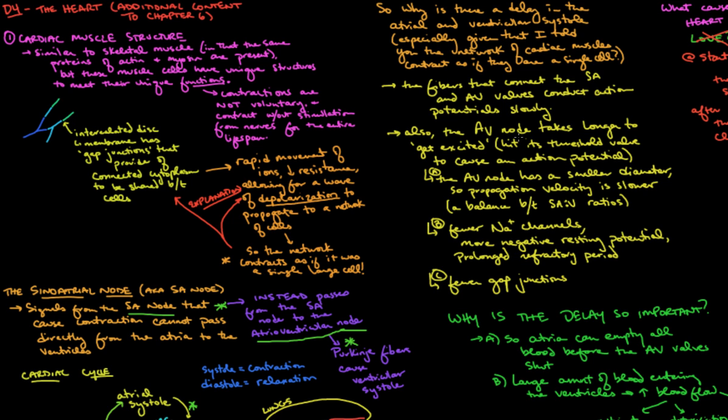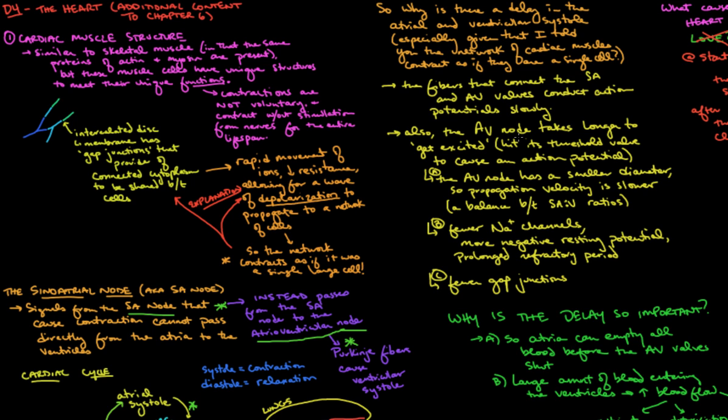So the AV node, which is also in the right atria as well as the SA node, takes longer to get excited. If you remember that graph for the action potential, it has to hit a threshold value to cause the action potential, but the AV node has a greater distance to go to get to that threshold value. So the resting potential is actually even more negative than the -70 that we talked about.